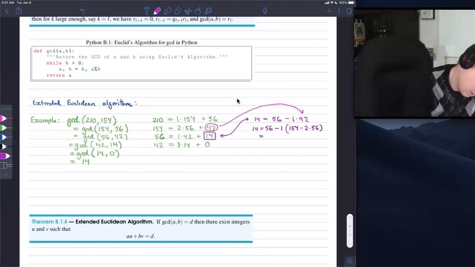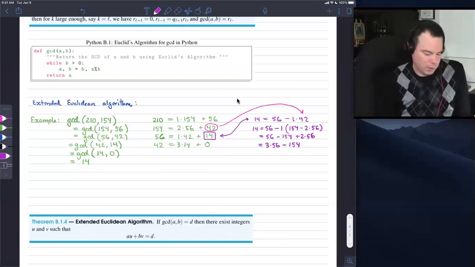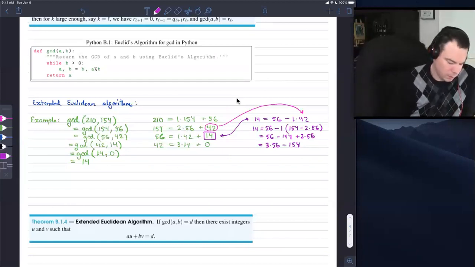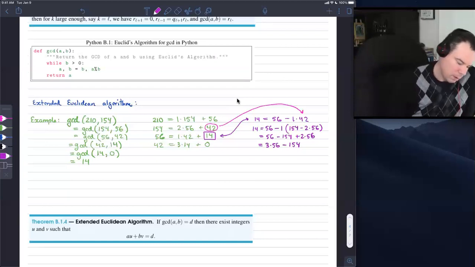Let's collect some common terms together. That's minus 154, and a plus 2 times 56, or in other words, 3 times 56 minus 154. So 14 is 3 times 56 minus 154.